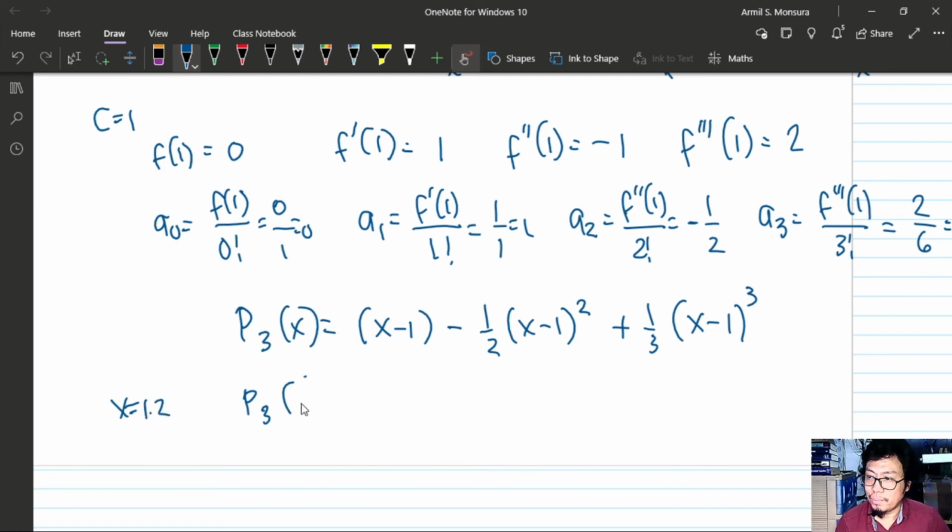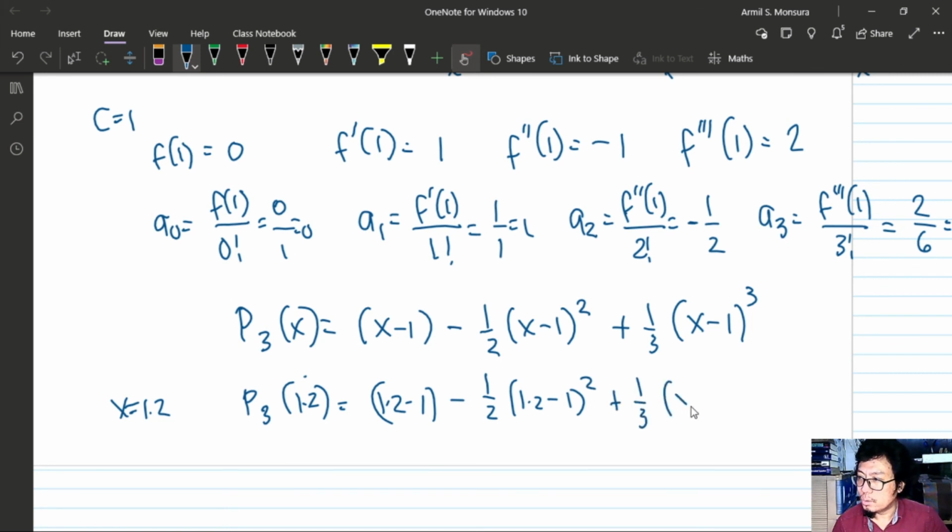So we will have here P3 of 1.2 is 1.2 minus 1, minus 1 half times 1.2 minus 1 squared, plus 1/3 times 1.2 minus 1 cubed.